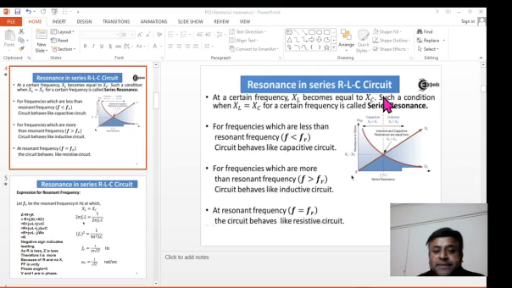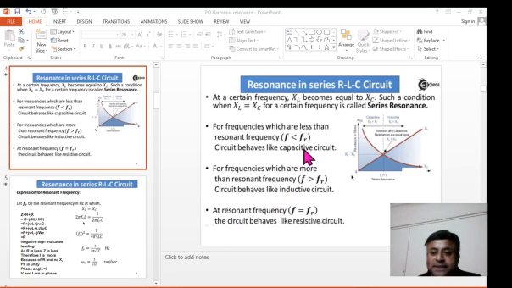XL and XC will intersect each other at some point. The frequency at this point is the resonant frequency. So how do we define resonance? Resonance is the frequency at which XL and XC are equal, or XL is equal to XC. This is the simple condition of resonance, particularly series resonance.